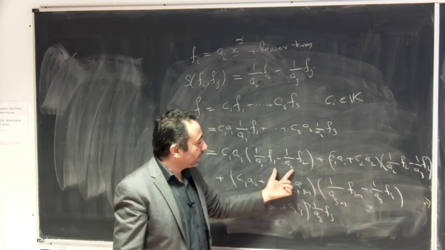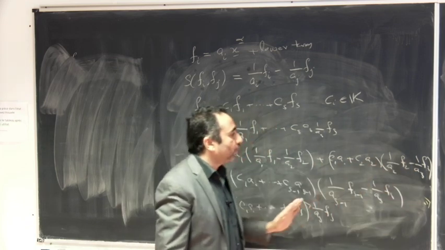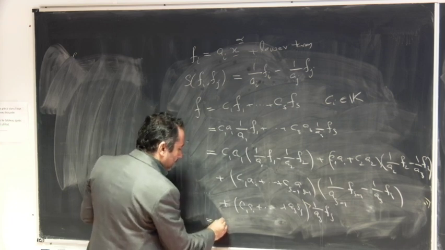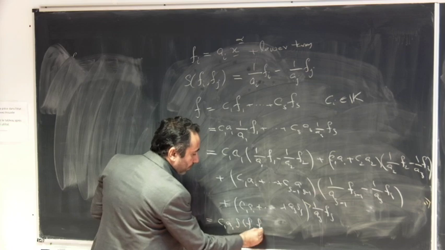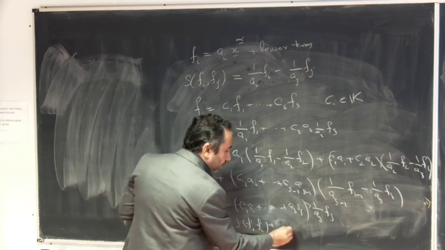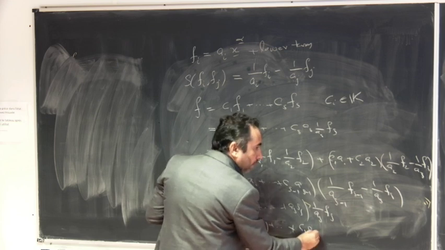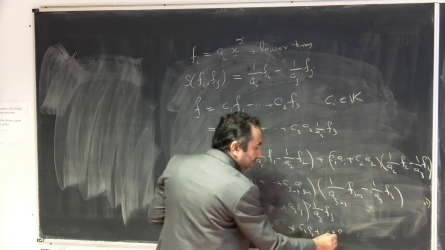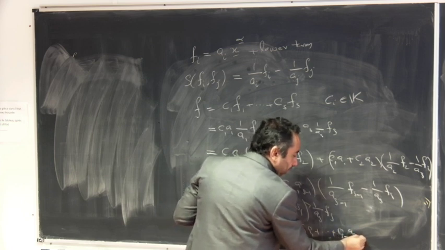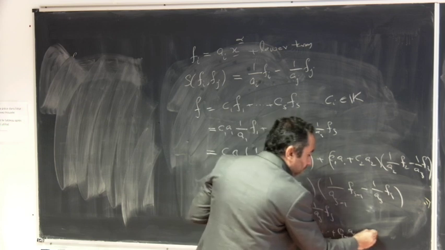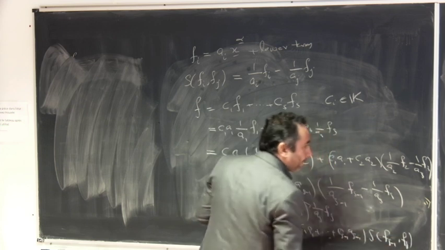Now each of these factors represents S(F1, F2), S(F2, F3), and so on. So ultimately we get C1 A1 S(F1, F2) plus so on, and in the end we get (C1 A1 plus so on plus C(s-1) A(s-1)) multiplied by S(F(s-1), Fs).